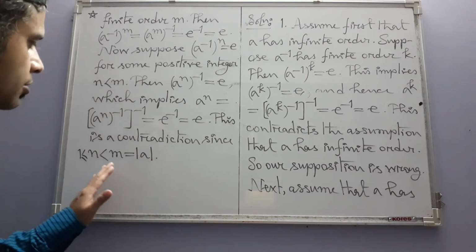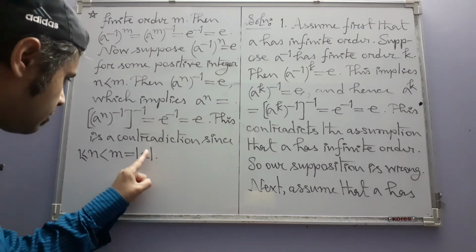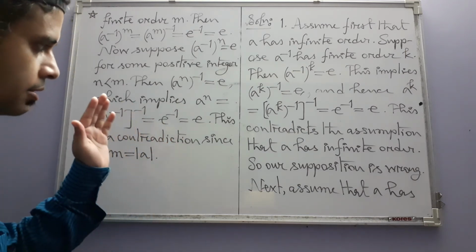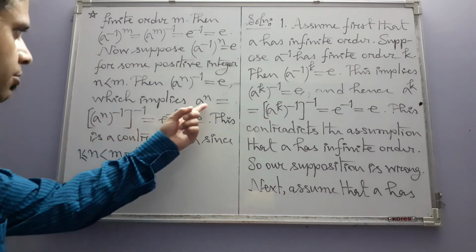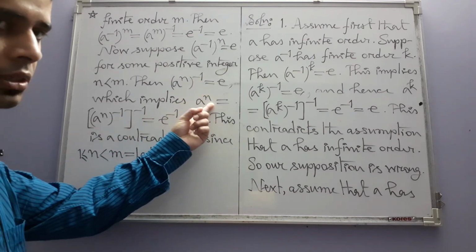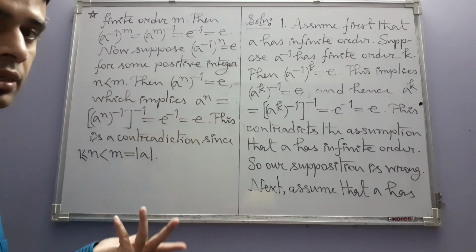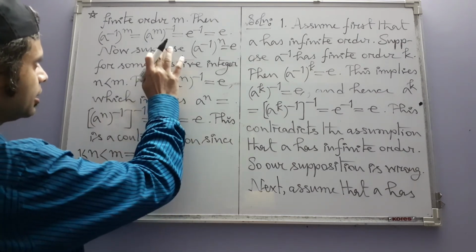Why is this a contradiction? Because the statement that the order of a is m means m is the smallest positive integer such that a to the power m is identity. But here we have found an even smaller positive integer n than m, for which a to the power n is identity. So that cannot be true. And this contradiction arises from our supposition.